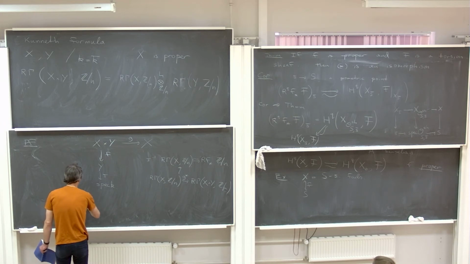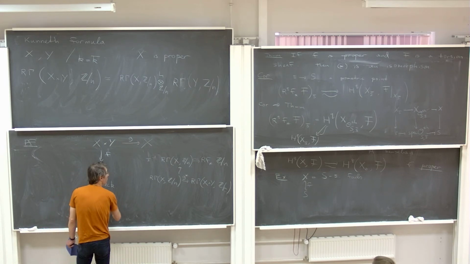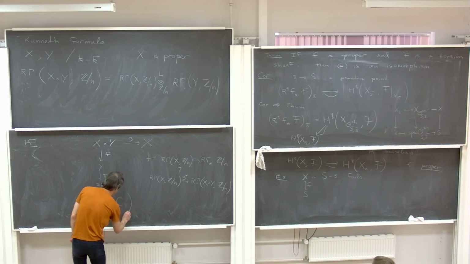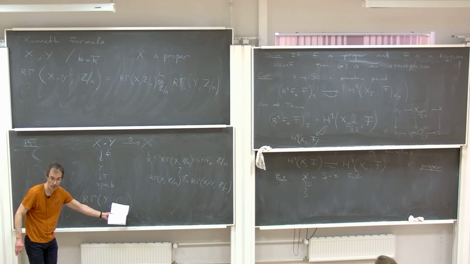I need to use the following general assertion: the homology RΓ of Y with coefficients in any constant complex C. Here C is a complex of sheaves, but constant, so it's just a complex of abelian groups.